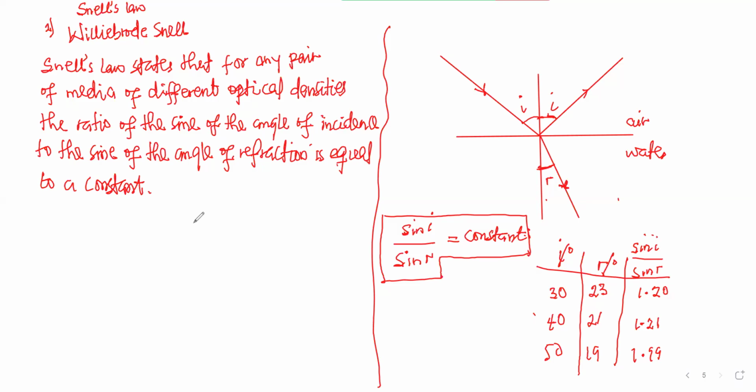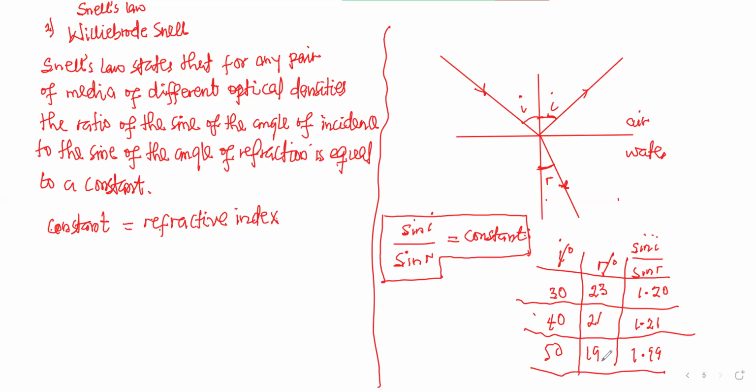Okay. Now, this constant value is what is known as the refractive index of the material. So, look at these examples we considered.